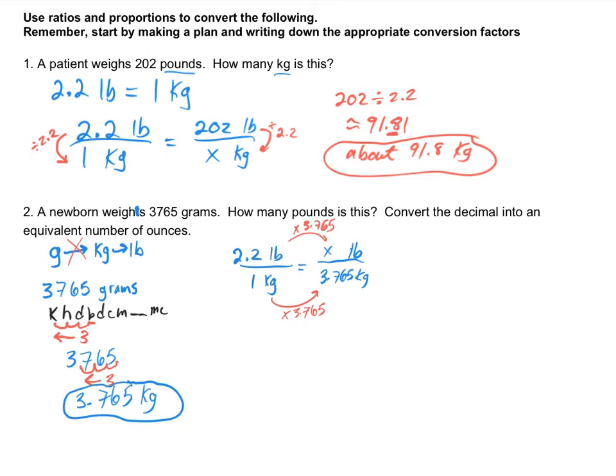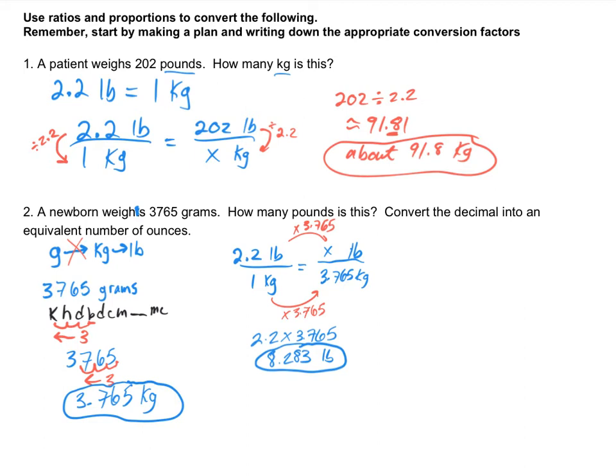So if we do that multiplication, 2.2 times 3.765, we get 8.283, and this is the number of pounds. So the newborn weighs 8.283 pounds.